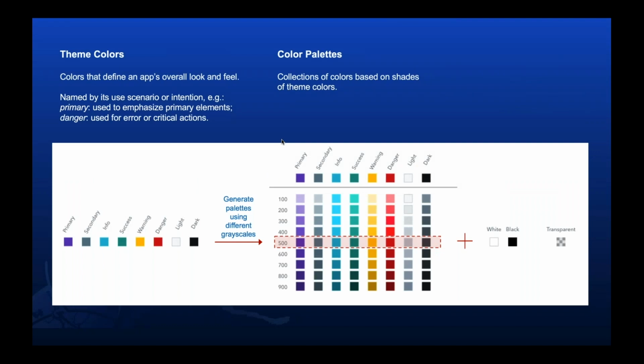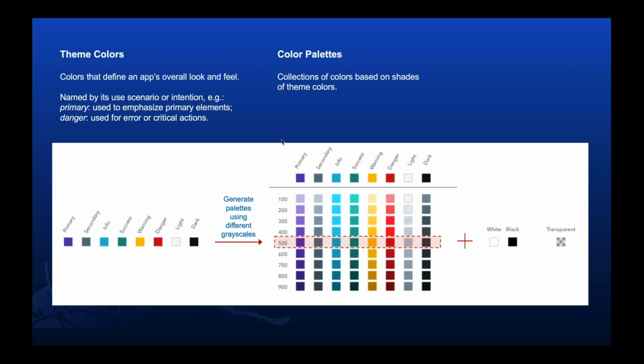The first and probably the most important one of the variables are the theme colors. This is because colors play a very great part in defining an application's overall look and feel. And these colors are named by their use scenarios or intentions, such as the primary color is used to emphasize primary elements.